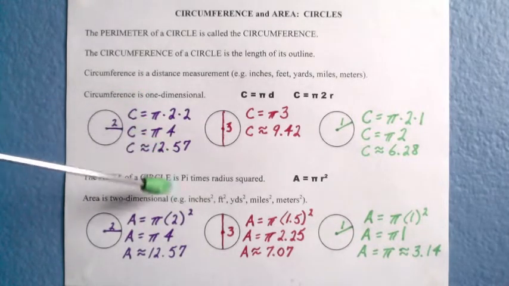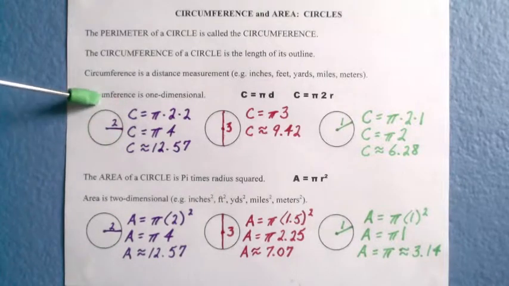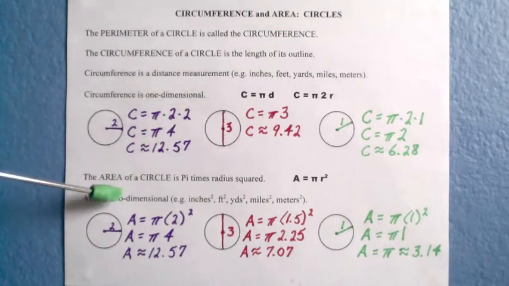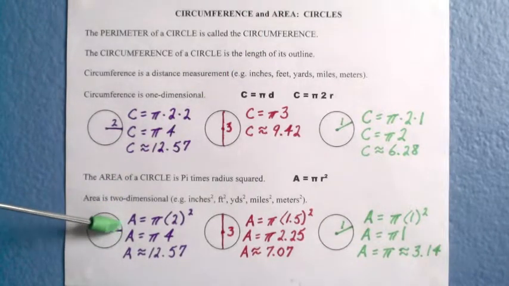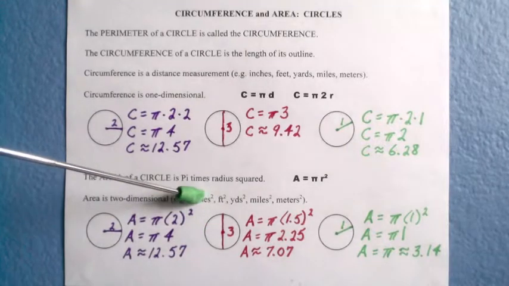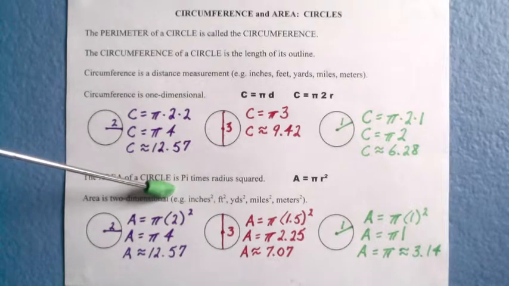That's the exact same number we got for the circumference. So the distance around is 12.57, let's say, inches. And the area inside is 12.57, but that would be inches squared because area is two-dimensional.